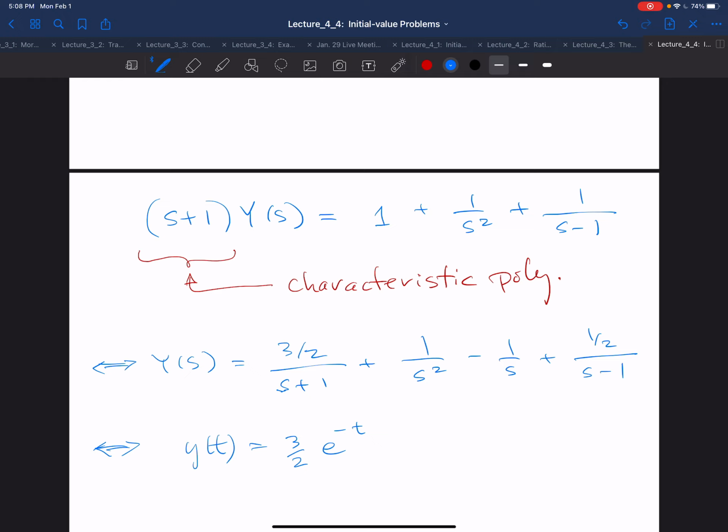I'll just say 3/2 e to the minus t. This second term is the transform of a unit ramp, so that gives us a t. The next term is the transform of a unit step multiplied by minus 1, so we get minus 1. And finally, we have 1/2 times a growing exponential, which corresponds to the growing exponential in our forcing term.